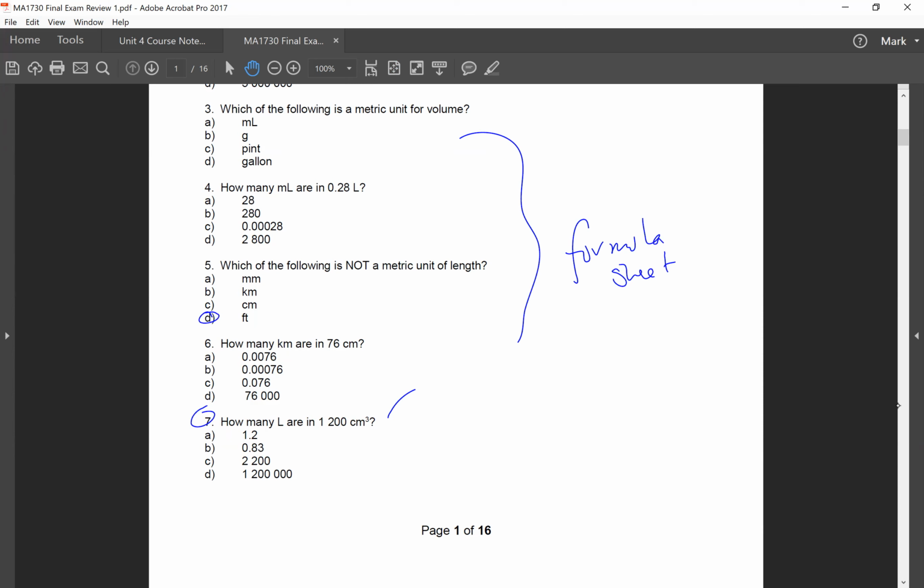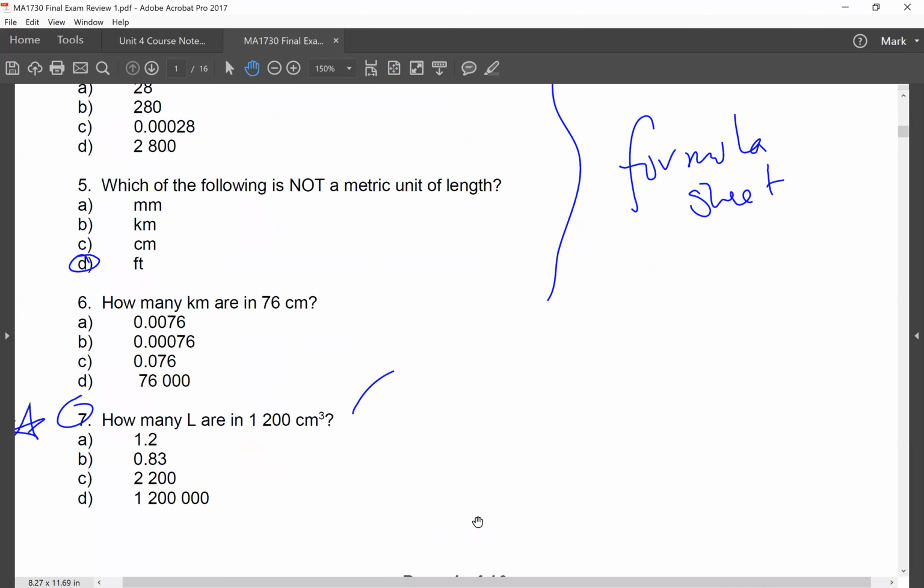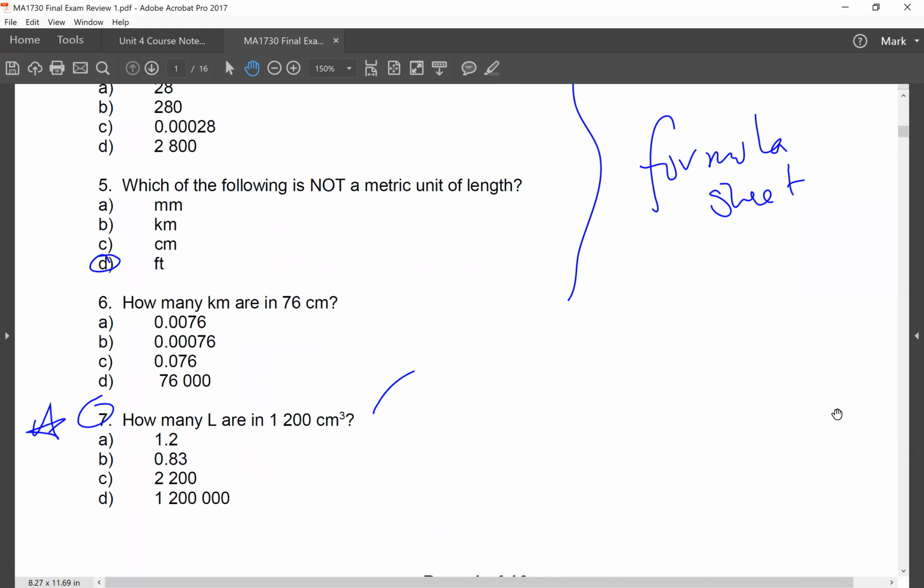The Americans use feet. So number 5 is not in your data booklet, but everything else is. One thing you want to be careful with in number 7 is changing liters to centimeters cubed. You will have to do something like this on your own final. There's something special you need to do when you're dealing with a cube.